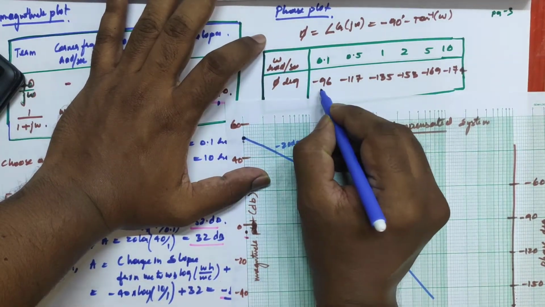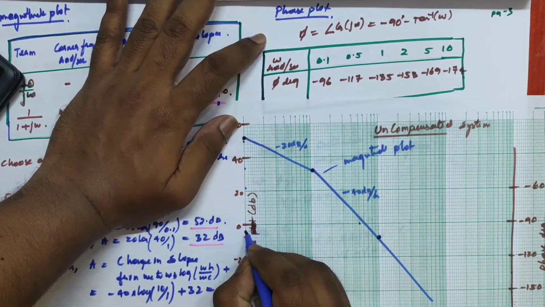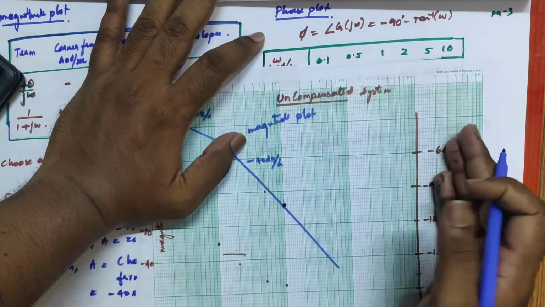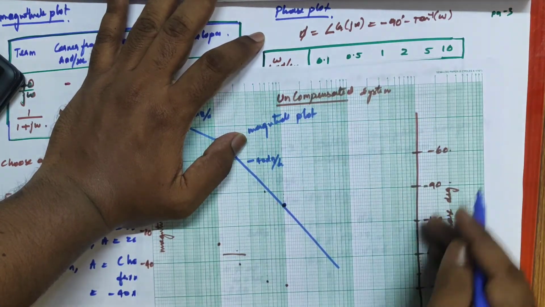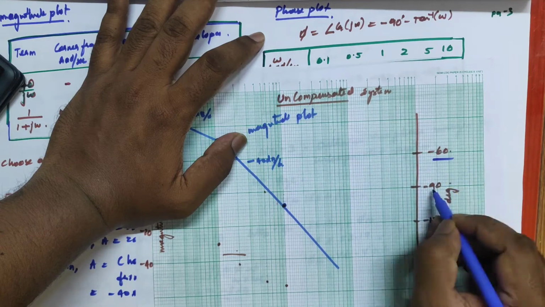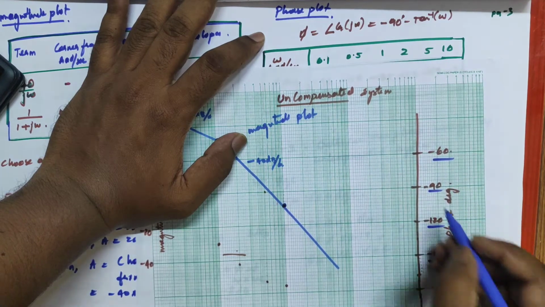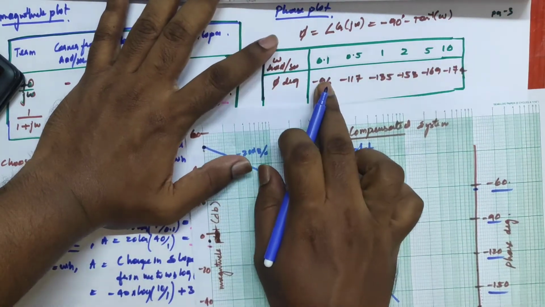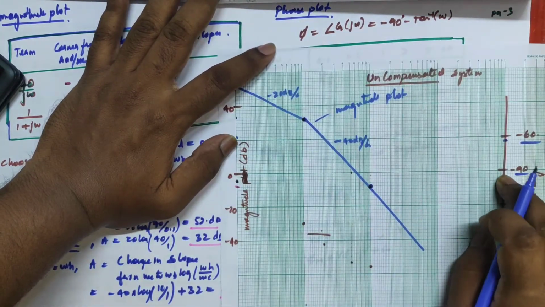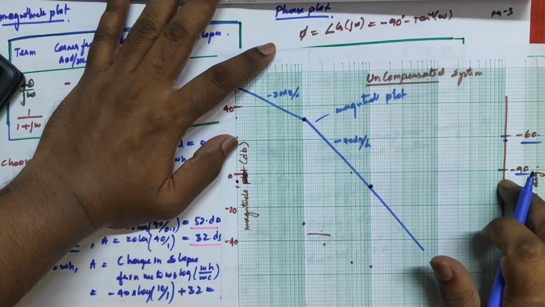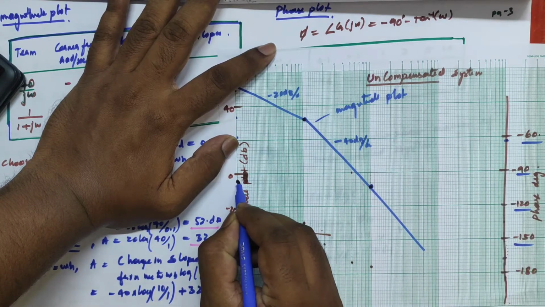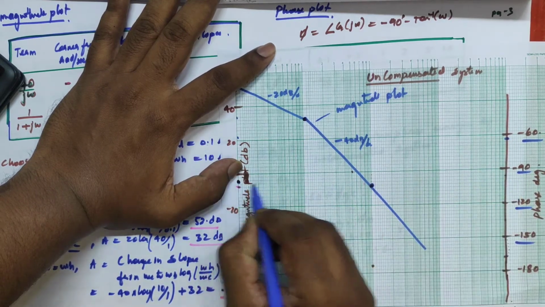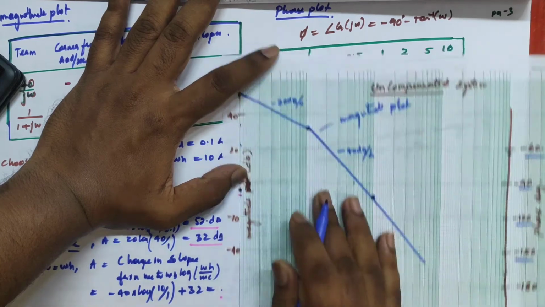for omega 0.1, the value is minus 96. On the y-axis I gave the phase: minus 60, minus 90, minus 120, minus 180. Each division is 3 units. So minus 96 is somewhere here, and I keep this value here.